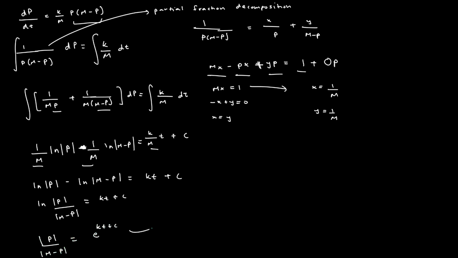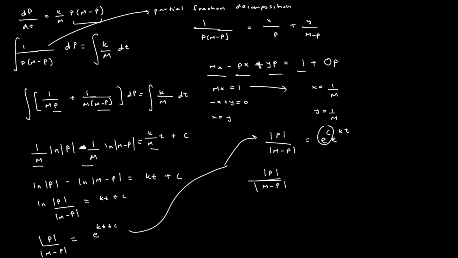And let me continue over here. So what I have right now is absolute value of p divided by absolute value of m minus p is equal to e to the power of c times e to the power of kt. Now this term is just another constant as well. So what I am left with is absolute value of p divided by absolute value of m minus p is equal to some constant c times e to the power of kt.